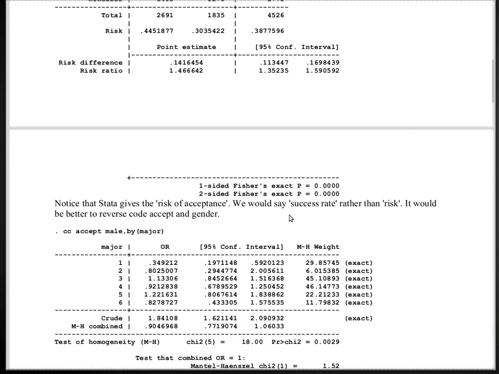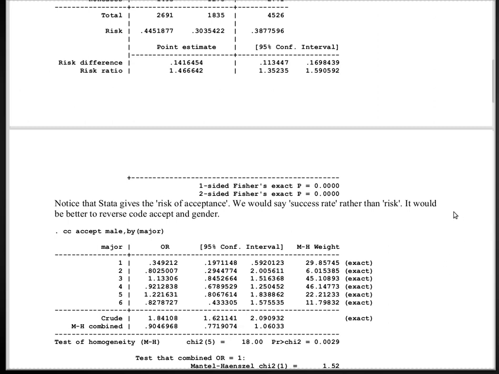So here, the risk of acceptance is not a phrase we would use, right? We would speak in terms of a success rate here rather than a risk. And this goes back to, frankly, one of the very early comments I made in session number 1. Okay, let's get to the heart of this then.